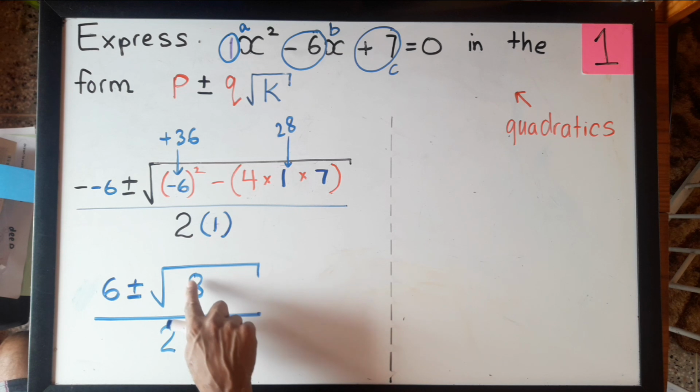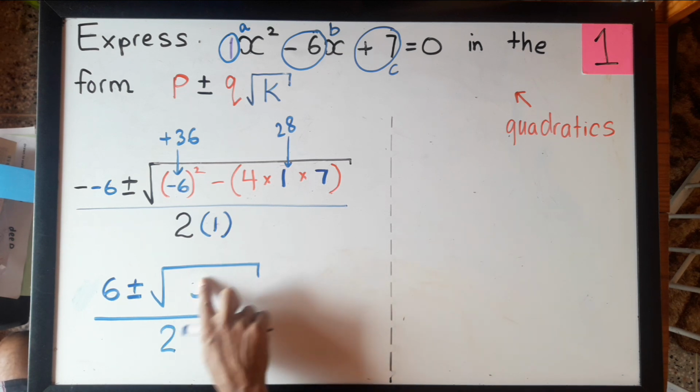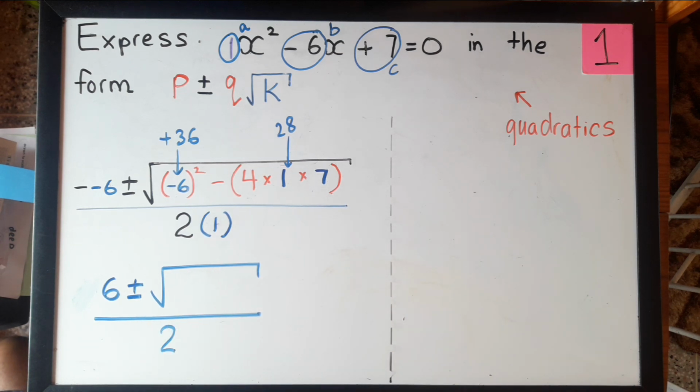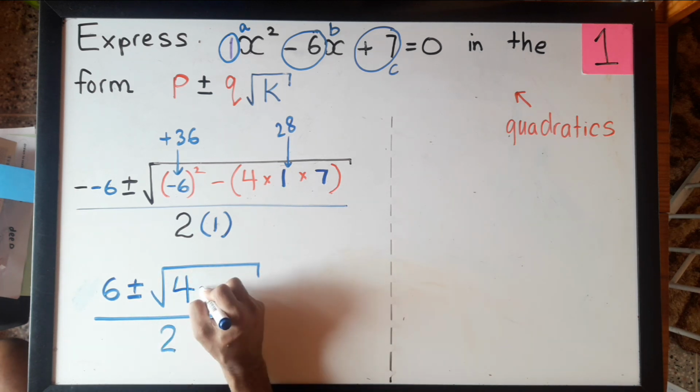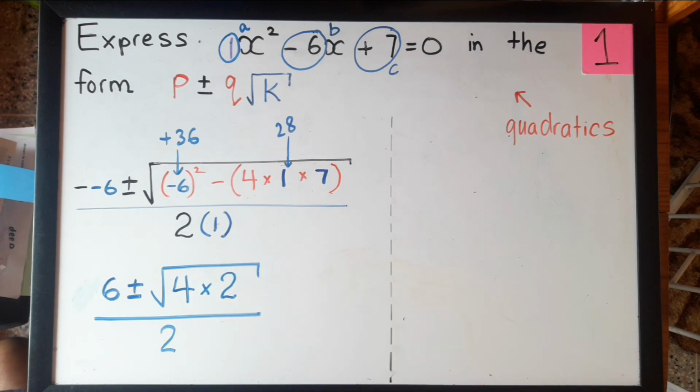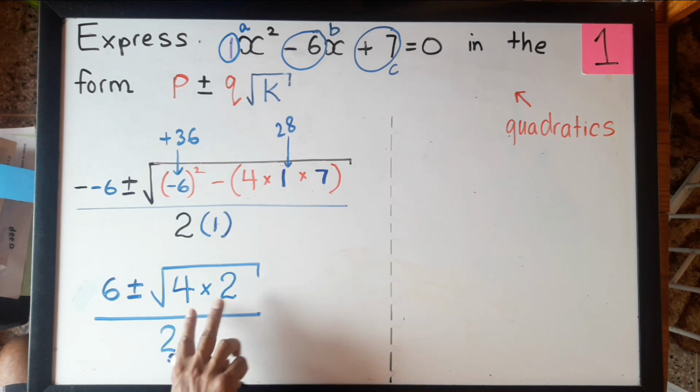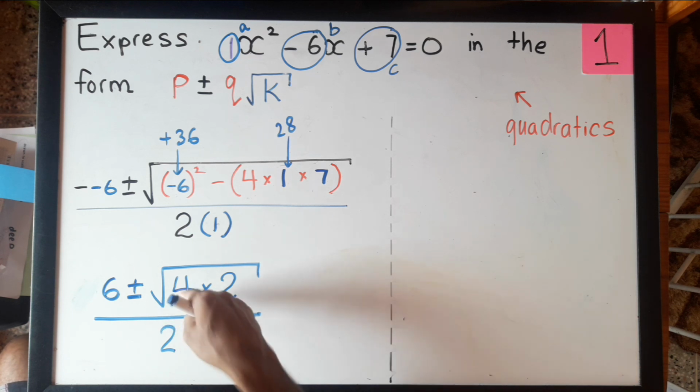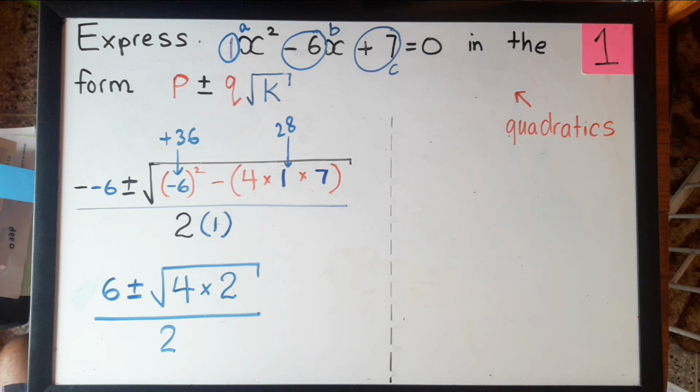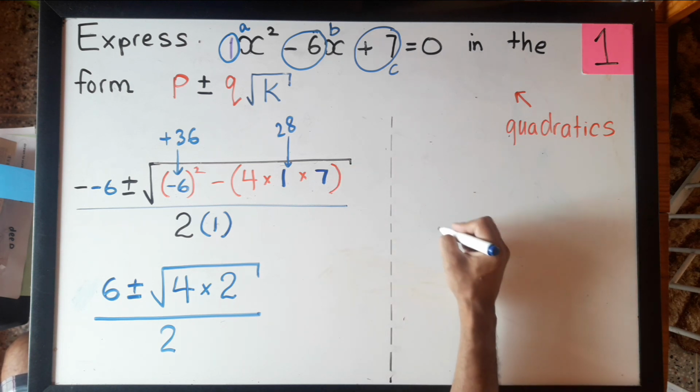Did you know that 8 is the same thing as 4 multiplied by 2? So you see what I did there? I threw away the 8 and replaced it with 4 multiplied by 2. It looks different, but it's mathematically correct. Now let's go through a little bit of revision here.